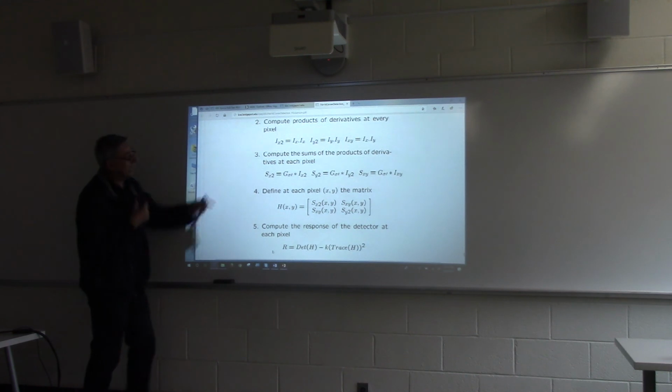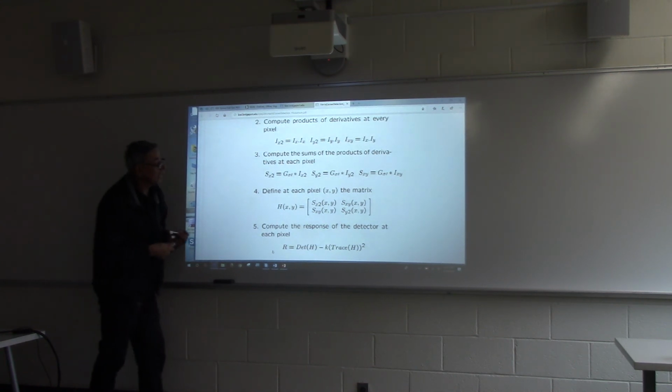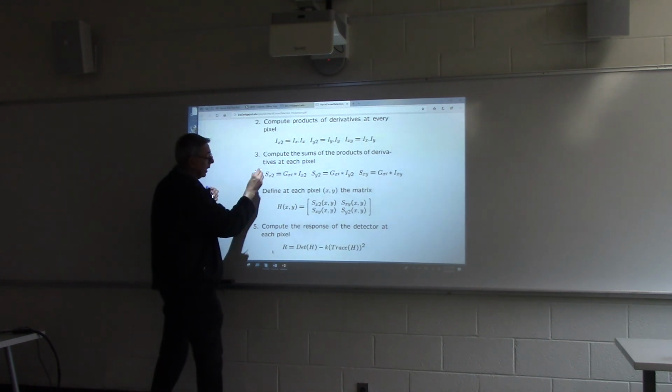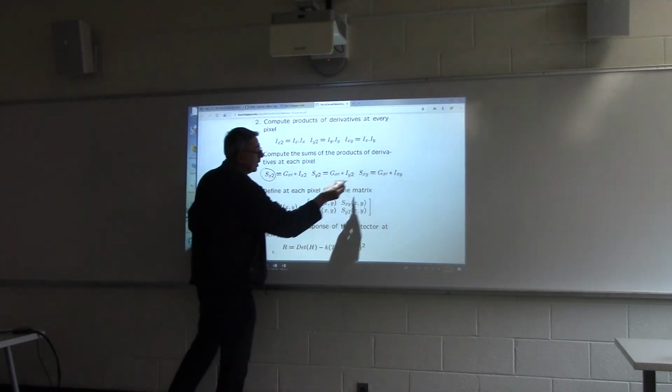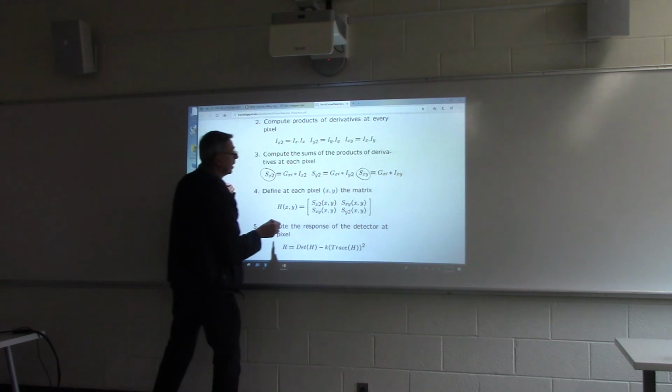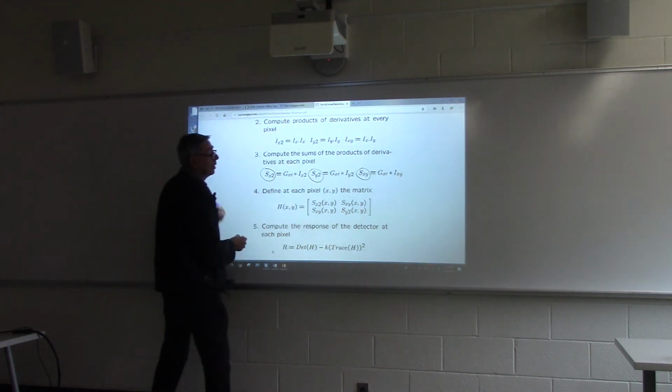Once we have computed Ixx, Iyy, Ixy, we compute the sums of products of derivatives at each pixel, which are Sx2, Sxy, and Sy2.